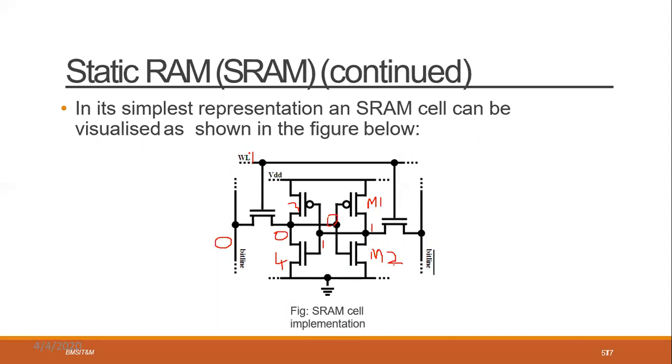Good, M3 off, M4 on. So M3 off means no connection from VDD to this point, but this one will discharge through ground. So what value will we be getting here? 0. So I wanted to write 0 to this memory location, so this 0 is stored, or this 0 will be circulated here. Is it clear?